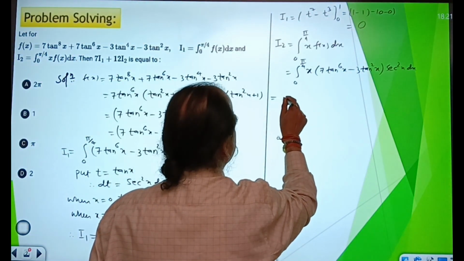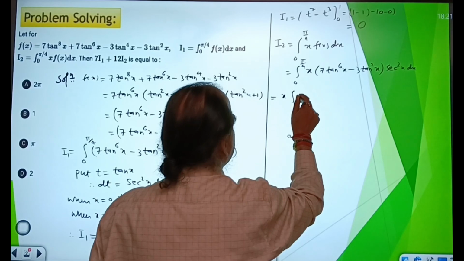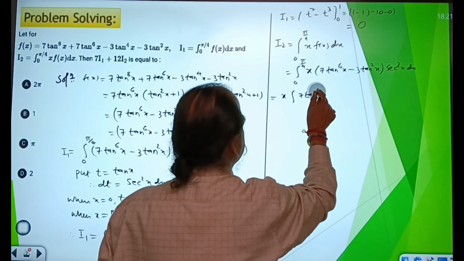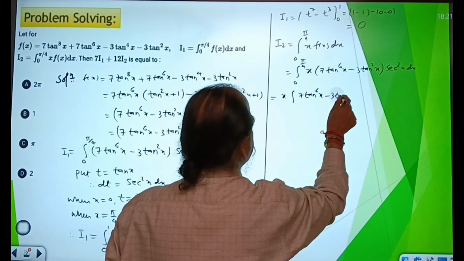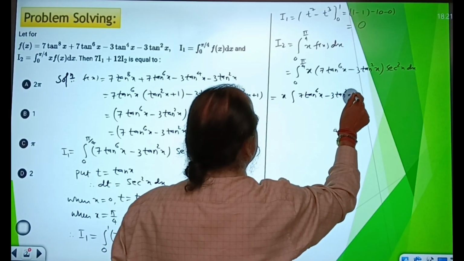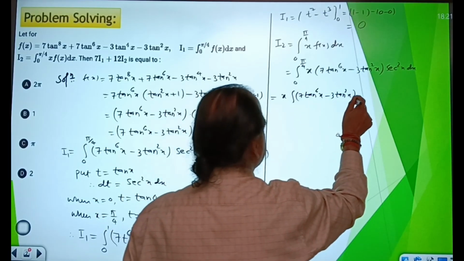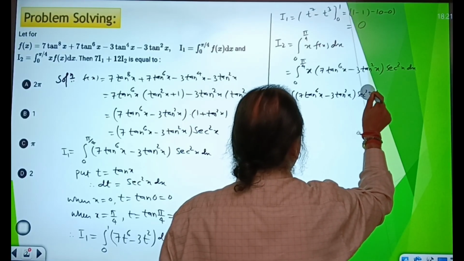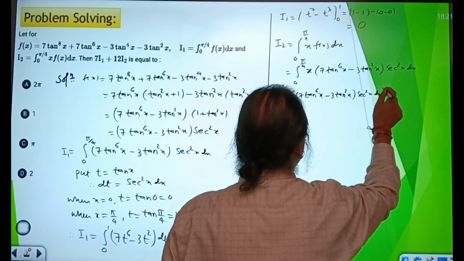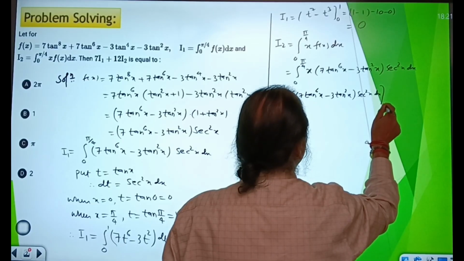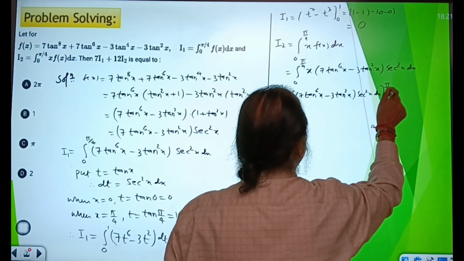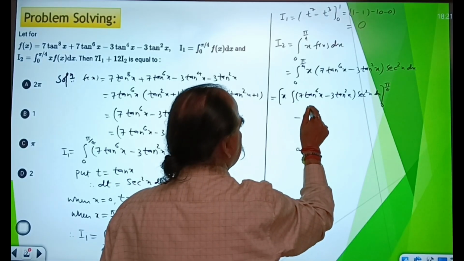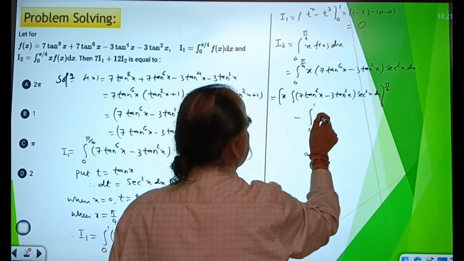So x into the integral of (7 tan^6 x minus 3 tan^2 x) into sec^2 x dx, between 0 to pi by 4, minus the integral, where the derivative of x becomes 1.